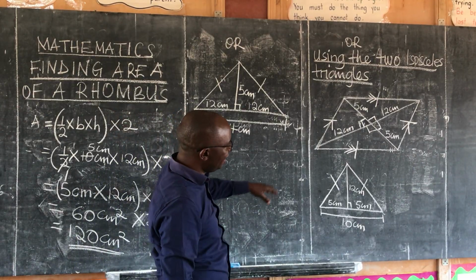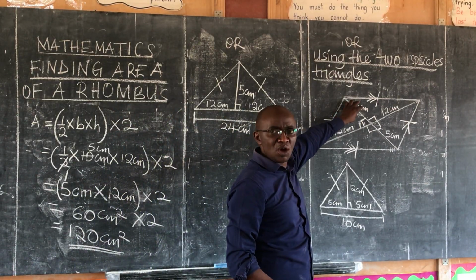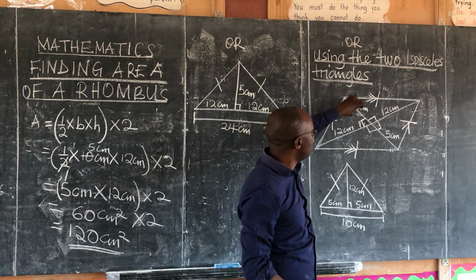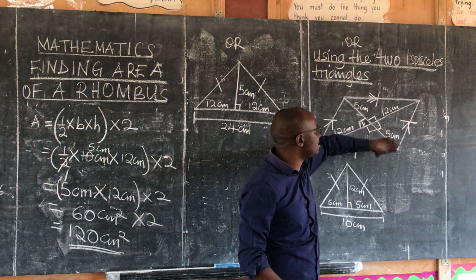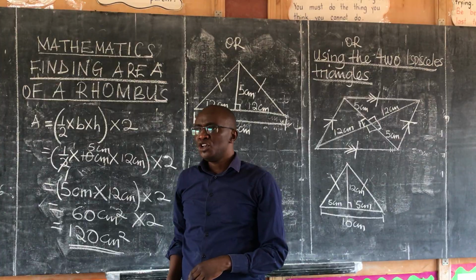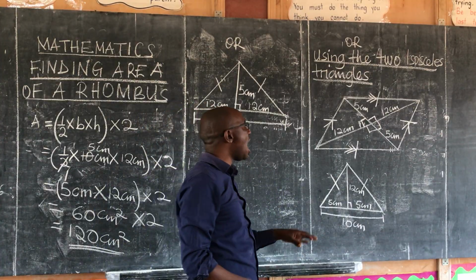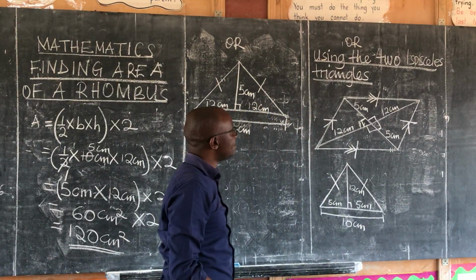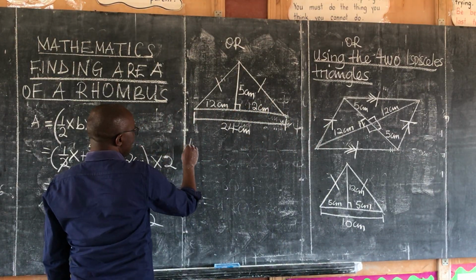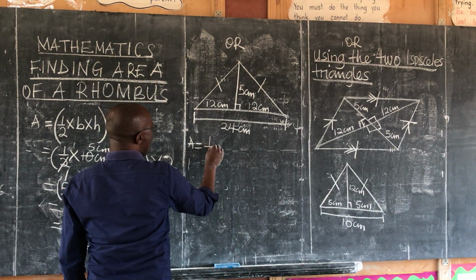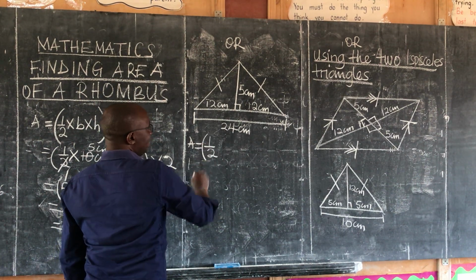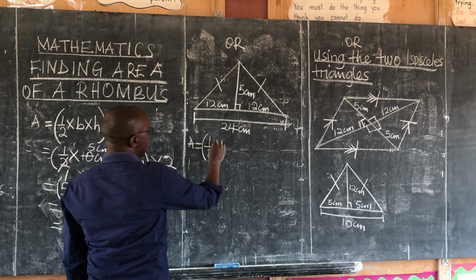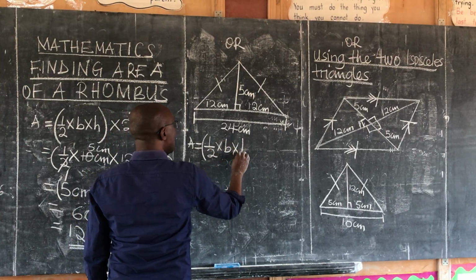But remember, I've said there are two isosceles triangles that make up this rhombus. This isosceles triangle and this isosceles triangle. You realize that they all have the same base and they all have the same height. So area is equal to a half times the base times the height.